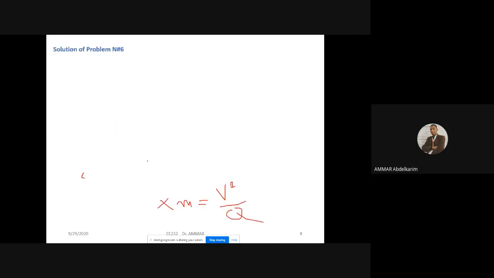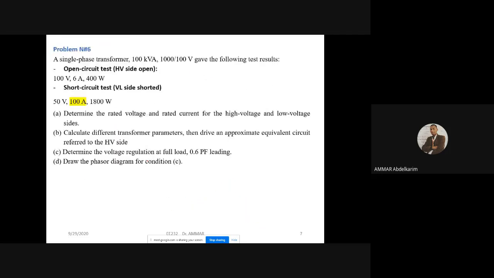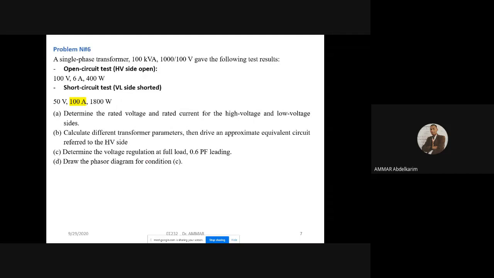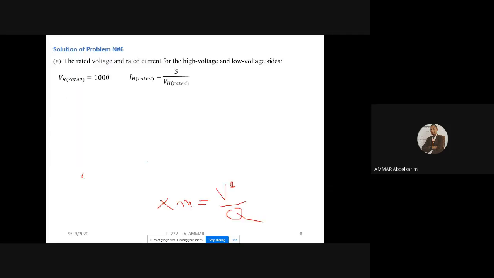In this problem, for the open circuit test, they chose the low voltage side as primary and the high voltage side as secondary. In the second test, they reversed it. Okay.